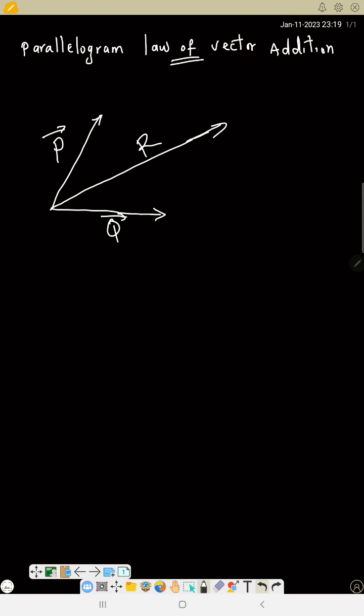Restating the definition, parallelogram law of vector states that if two vectors are represented by the two adjacent sides of a parallelogram, then the line drawn from the point of intersection of the two vectors represents their resultant. So that is just parallelogram law of vector.